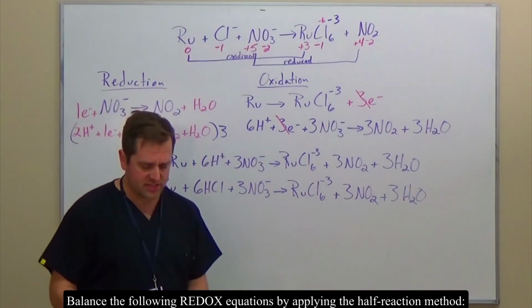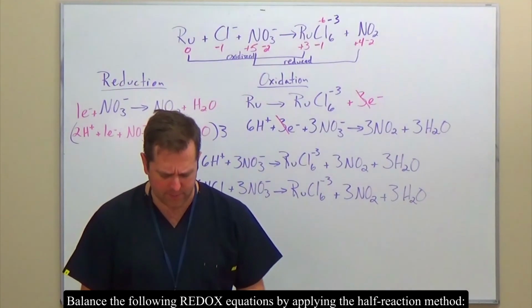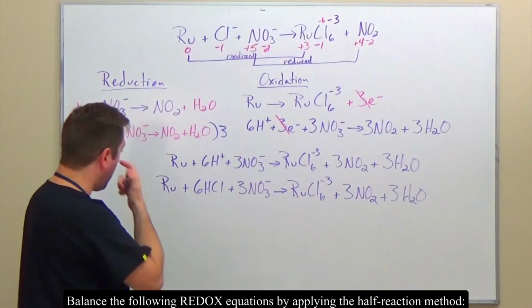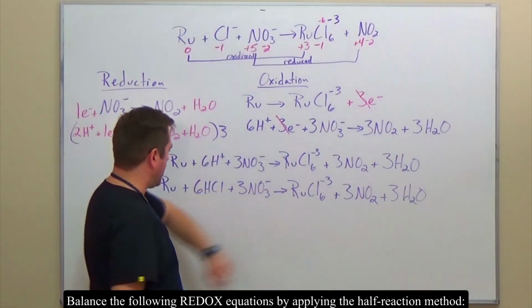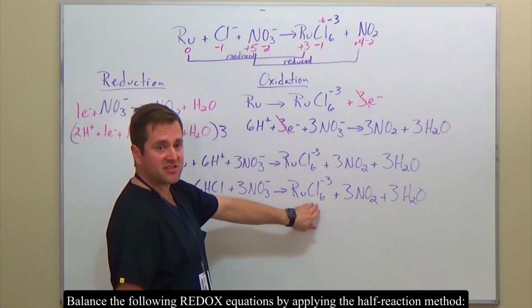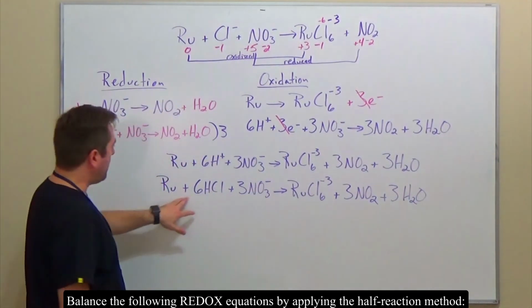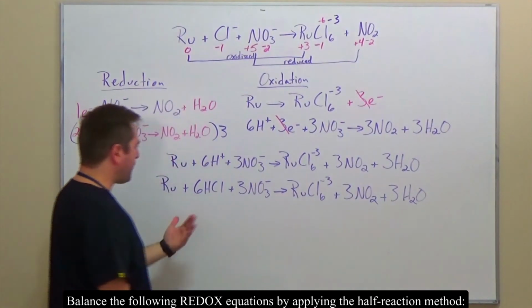Now the final step is to ensure that all is balanced, right? So let's go for it. Just the metals. 1 ruthenium, 1 ruthenium. Non-metals, 6 chlorine. Notice 6 chlorine here. 3 nitrogen, 3 nitrogen. Now we're ready for hydrogens.